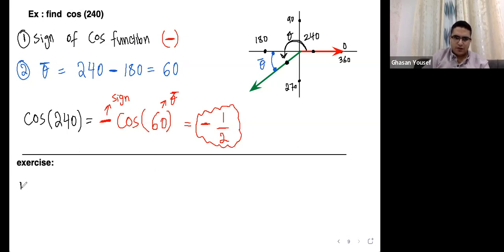So the first one is find the secant for the angle minus pi over 4. And for the second one, find the sine. This is a very hard question, for 16 pi over 3.